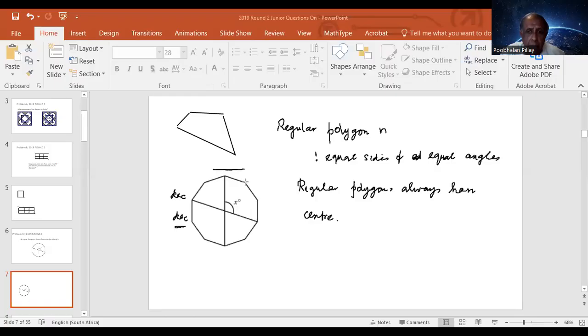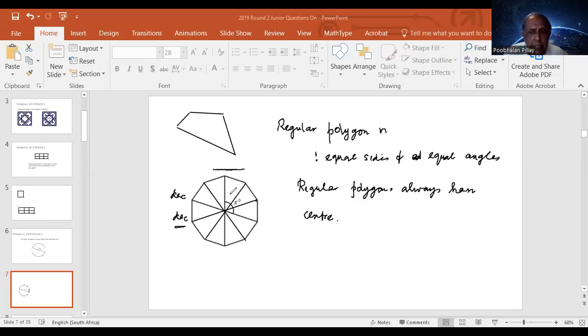And in fact, I can connect opposite vertices, and you'll see that all of them go to the center. So these 10 sides create 10 triangles. And as I said, this is the center of a circle.